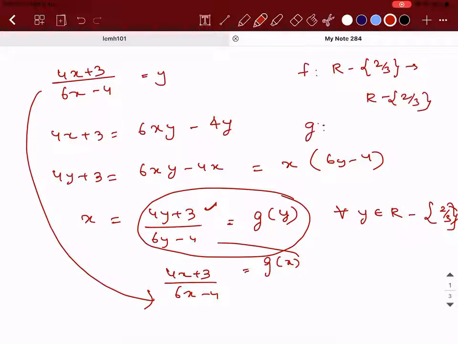Then g is also a function which is mapped from R minus 2 by 3 to R minus 2 by 3. That is the reason why this function is able to be an inverse of itself. Because for an inverse to appear, what should happen? The codomain and domain should get interchanged. Whereas in this case, fortunately, they both are the same. Are you able to understand to some extent?